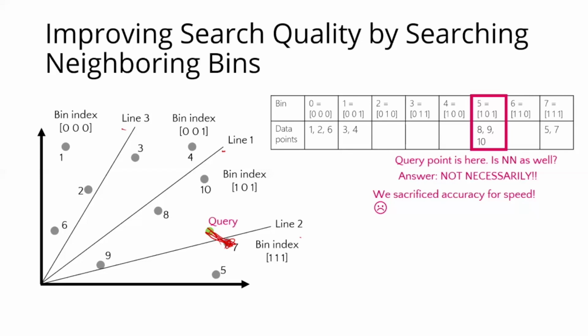Clearly point 7 is closer to the query point, but the query point is not in the same bucket as point 7. So by solving the nearest neighbor problem using LSH, you're giving up accuracy in trade for higher speed. And that was a similar situation with the KD tree as well.